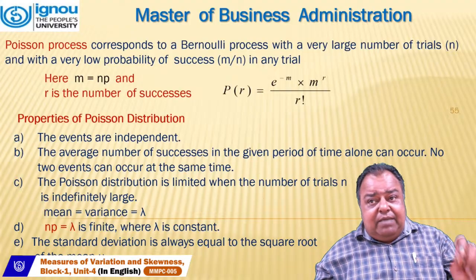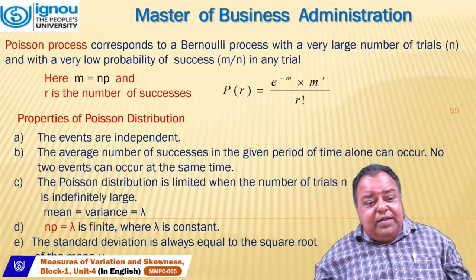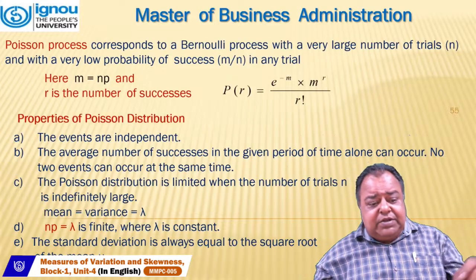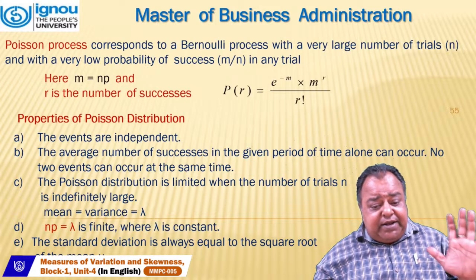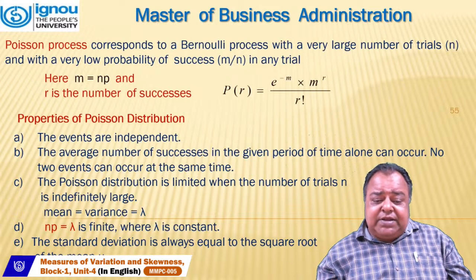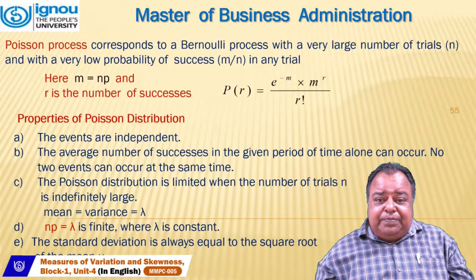Here we assume that mean and variance are equal to lambda or m, which is equal to the product of n and p, which is finite. The standard deviation is always equal to the square root of its mean. With this, I will be concluding today's session.